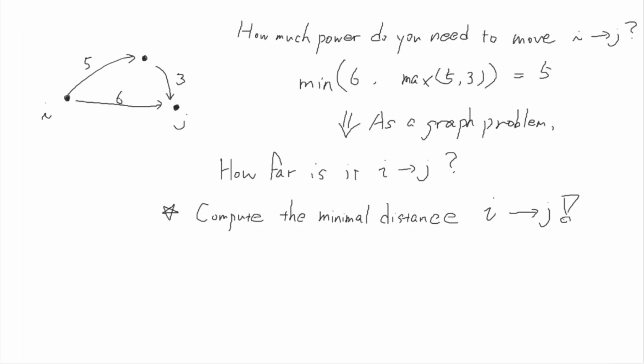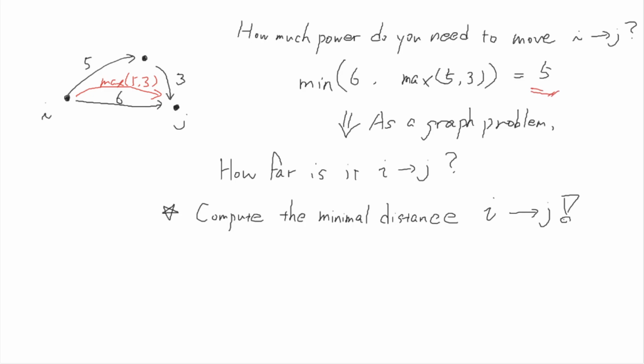Then you may ask how much power we need to move from i to j, because you want to know the minimal value of them. If the graph is like this, you can calculate the power from i to j like this: maximal of 5 and 3, and we compare these two, and then we choose the minimal one.